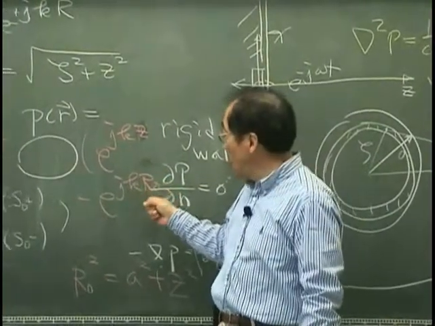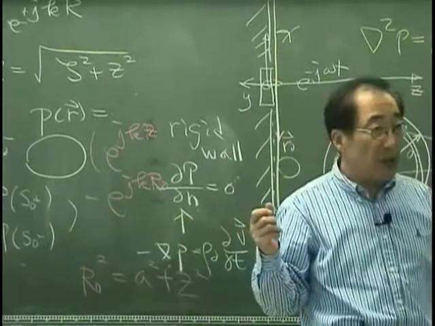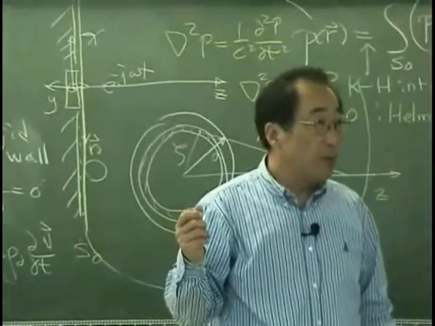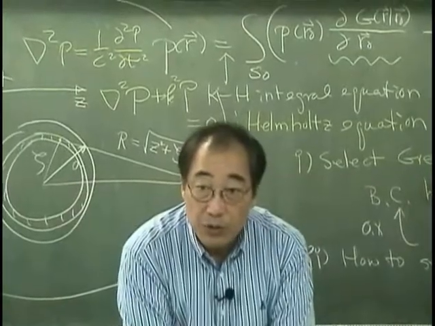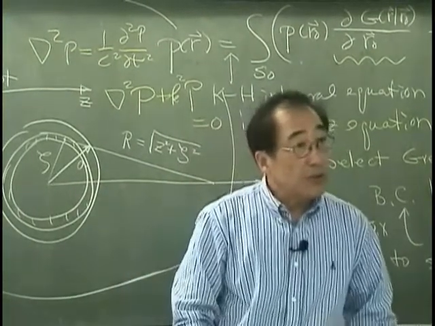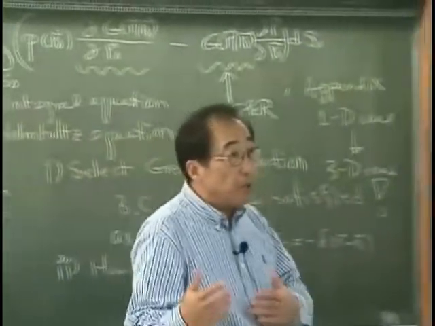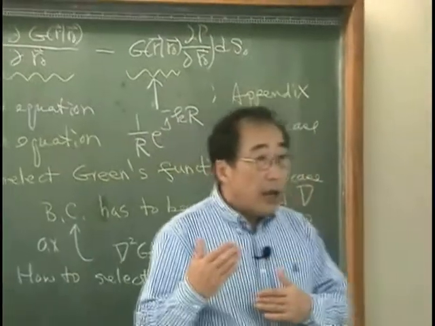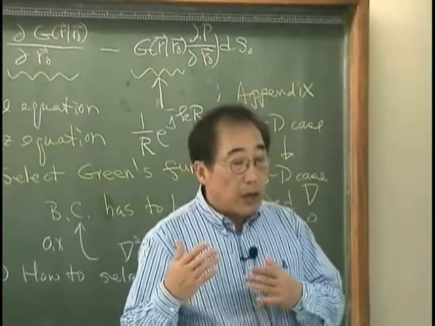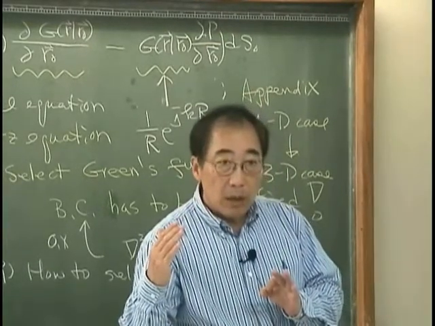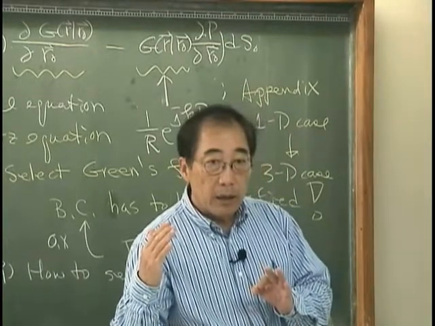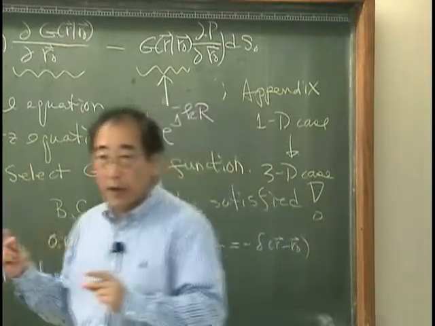And another component is a sound radiating from the rim of the vibrating piston. Nothing is really contributing from anywhere between the center and the rim. Right? That is very interesting.